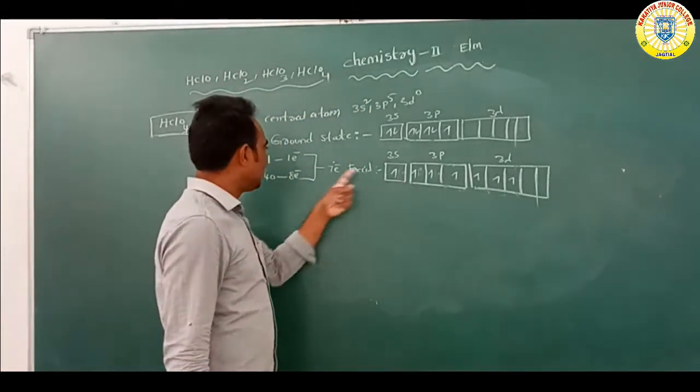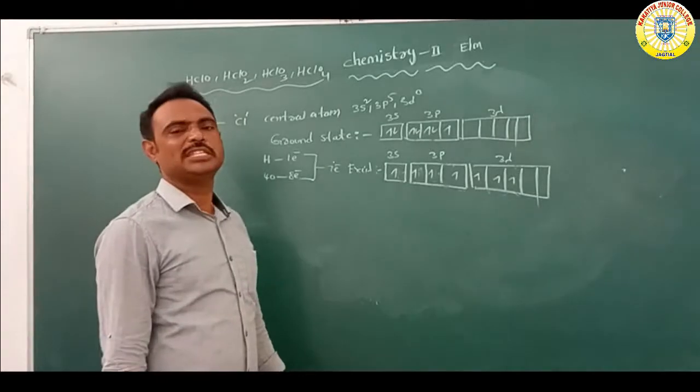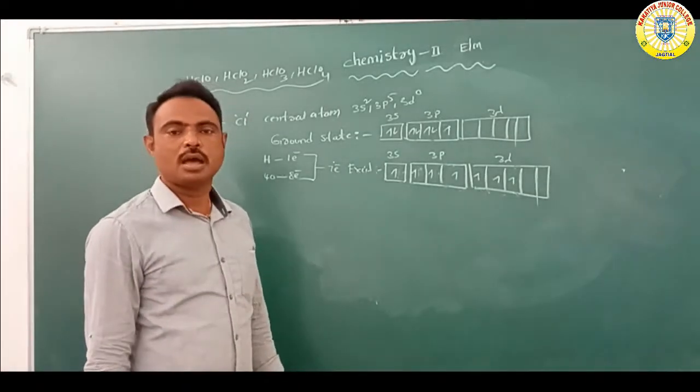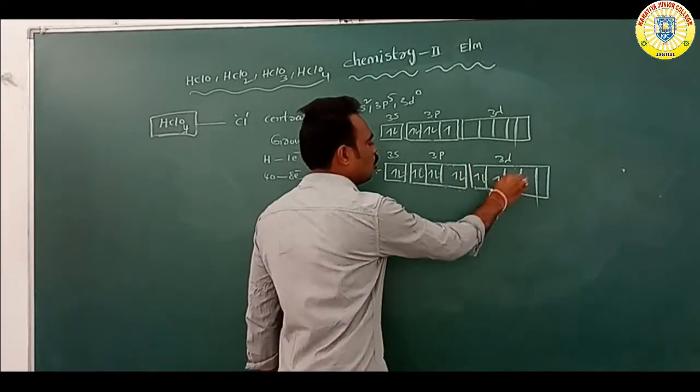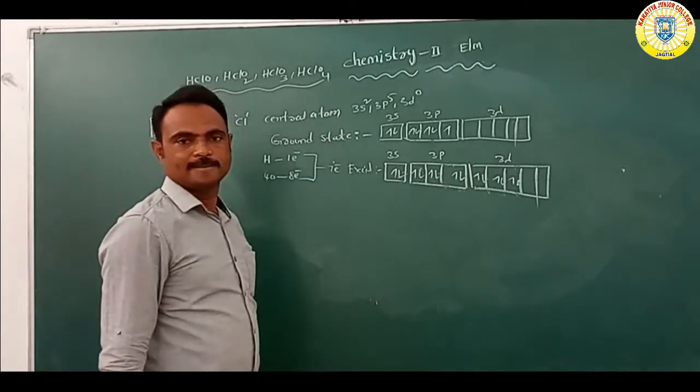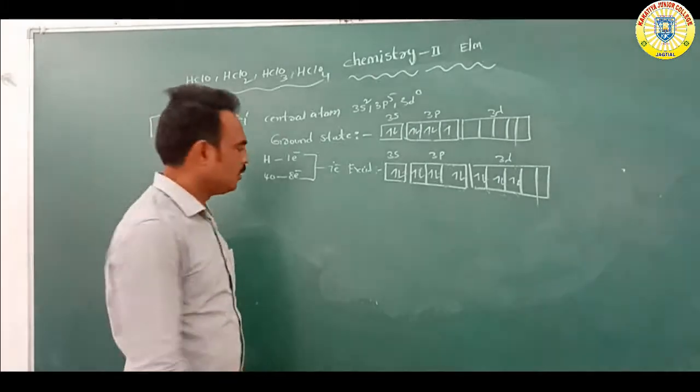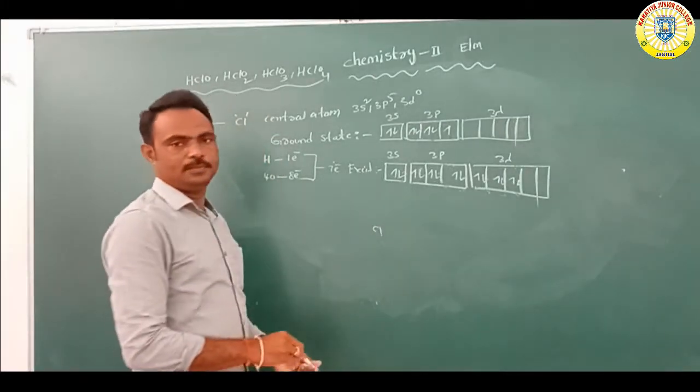These 7 single electrons are bonded with 7 single electrons of oxygen atoms, to form HClO4. What is the structure? Chlorine is the central atom.